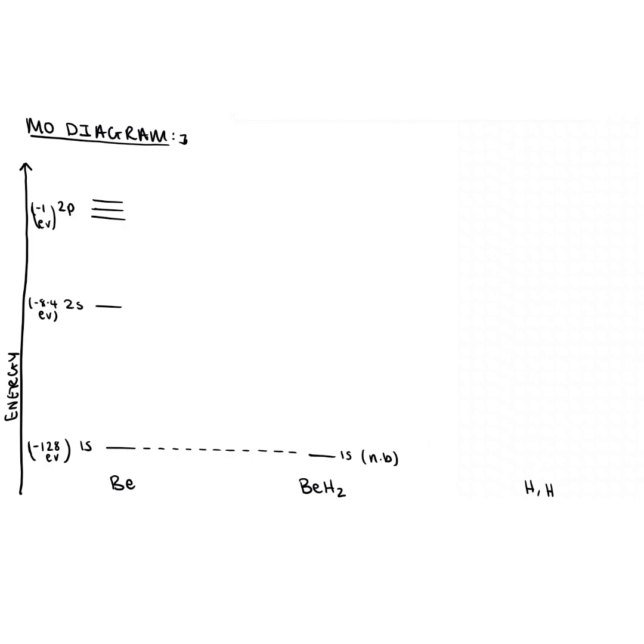Those are also drawn close together because they have the same energy. Now that we've set out the framework, we can start to represent the molecular orbitals. We know that the beryllium 2s and LGO1 form one bonding and one antibonding molecular orbital.